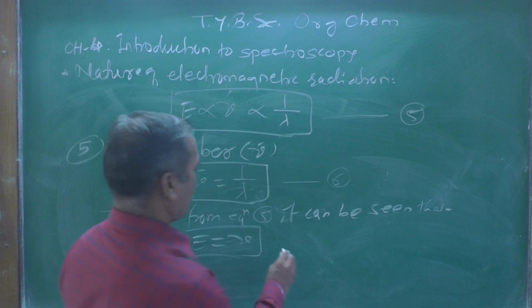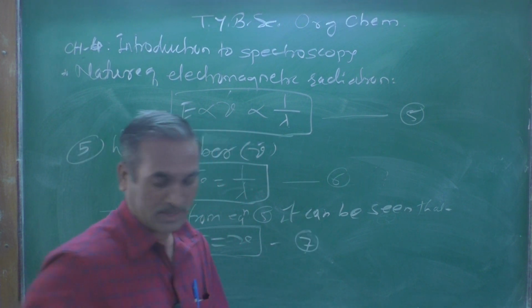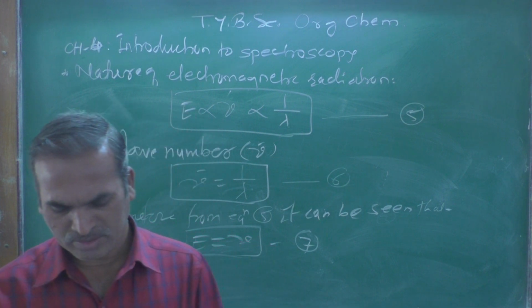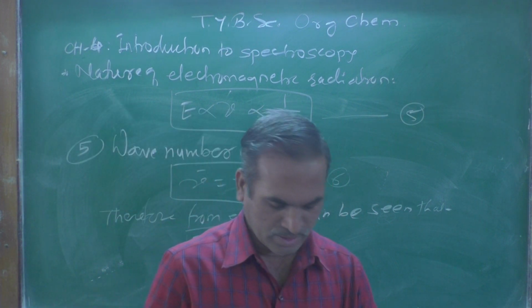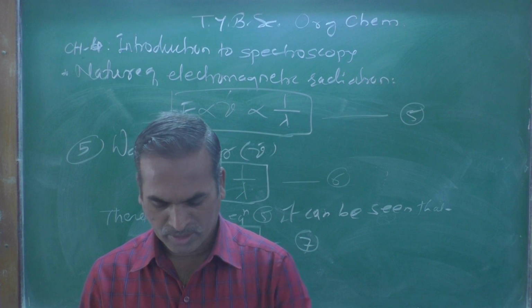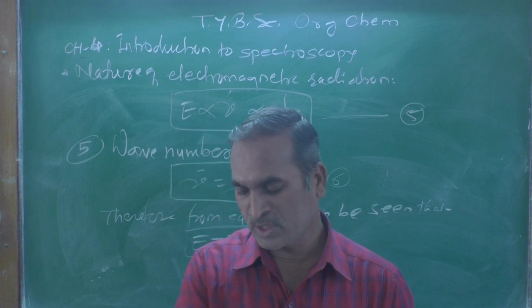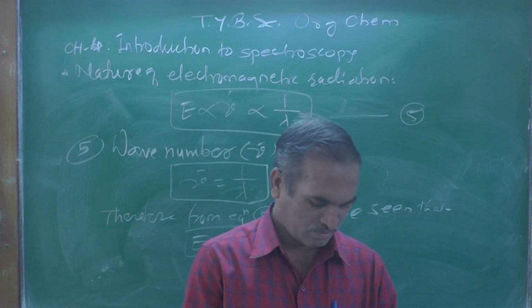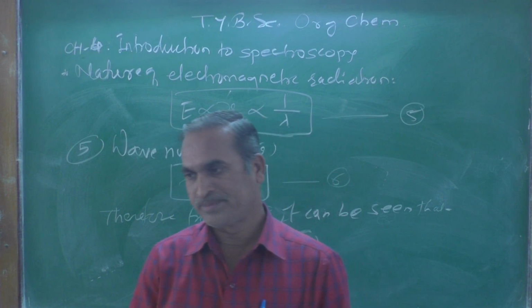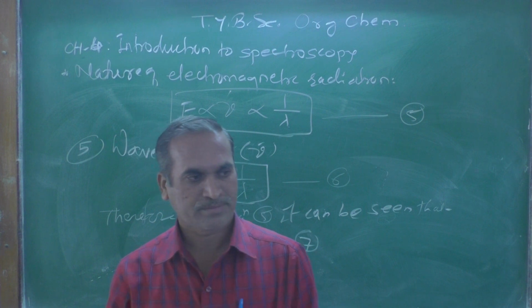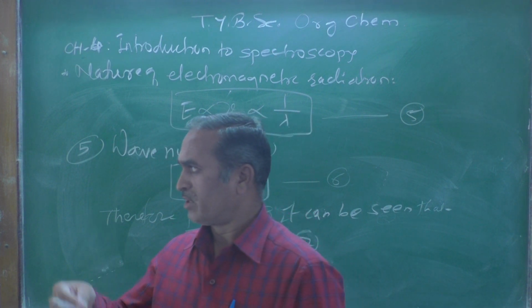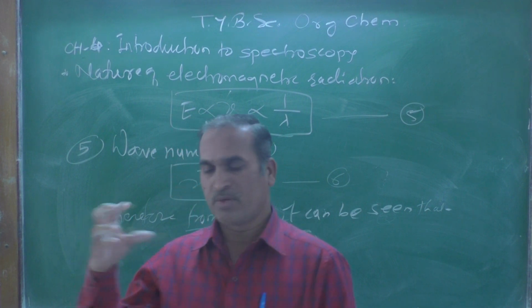That is equation number 7. So in this way we have learned the important parameters required for the study of spectroscopy, with their equations.